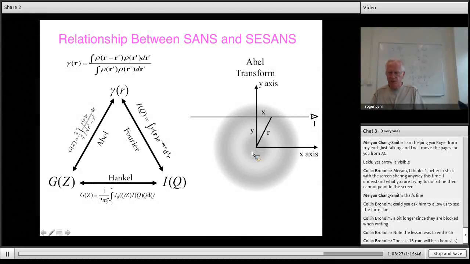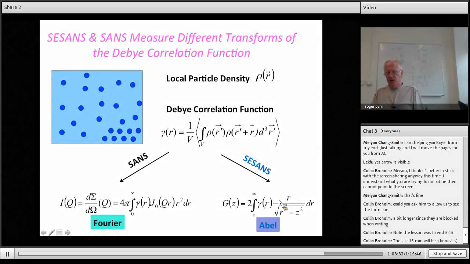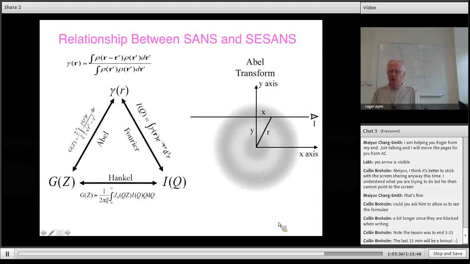Let me show you here. This is just a projection of this function onto one axis. And it's the same sort of projection that you get if you do a radiograph. That is to say, you integrate all of what you're seeing along a particular line here.